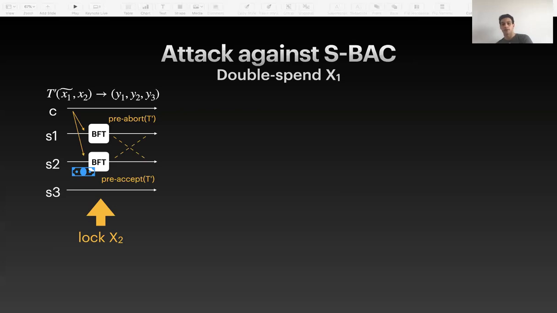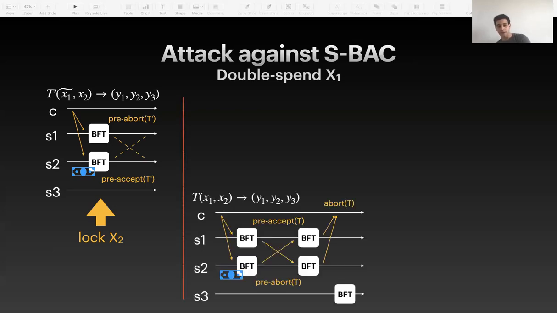However, now the adversary uses its ability to reorder the network messages and quickly stops the protocol and sends transaction T. So shard 1 will receive T, see that x1 exists, and will send the pre-accept message. However, shard 2 will see that x2 does not exist anymore, or at least it does exist, but it's locked because of transaction T prime, and therefore will send pre-abort.